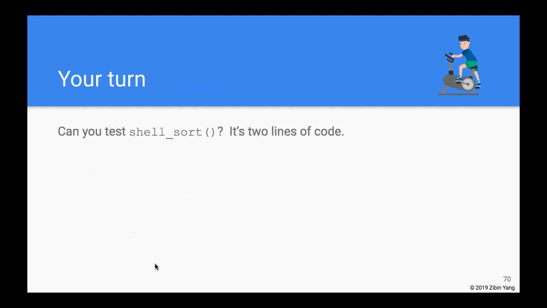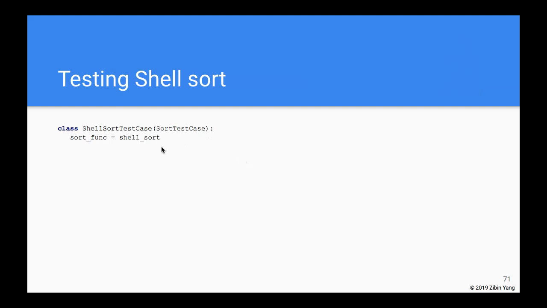Now, as usual, we like to test our code once we have a testable unit of code. So can you pause the video? Go ahead and test shell sort. It's very simple given we have already written all the tests. So that's it, 2 lines of code.